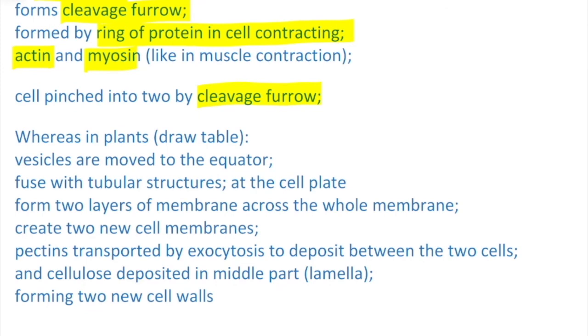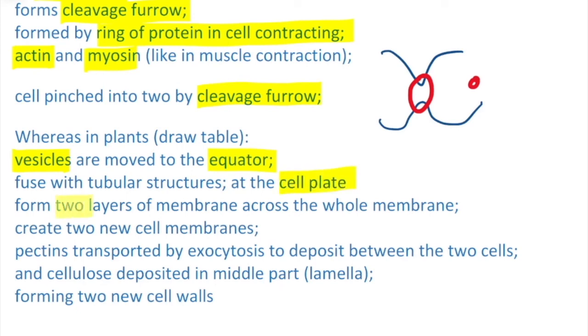And the cleavage furrow is this dip on either side that's caused by this ring of protein that starts to get smaller and smaller. Whereas in plants, we get vesicles moved to the equator at the cell plate, fusing with tubular structures, we get 2 membranes formed across, and we have pectins and cellulose deposited, forming 2 new cell walls.